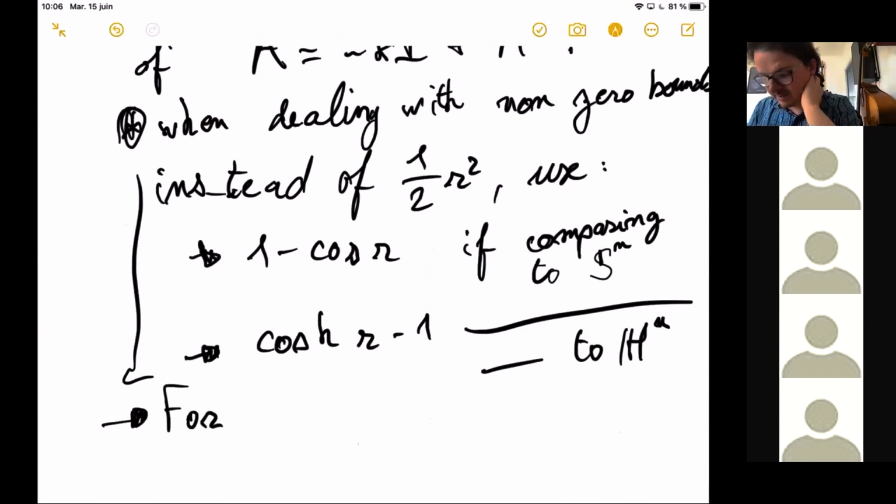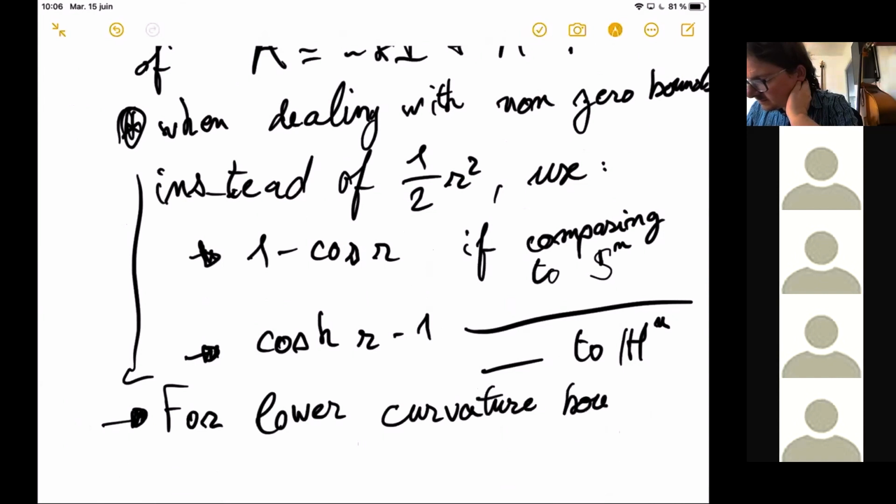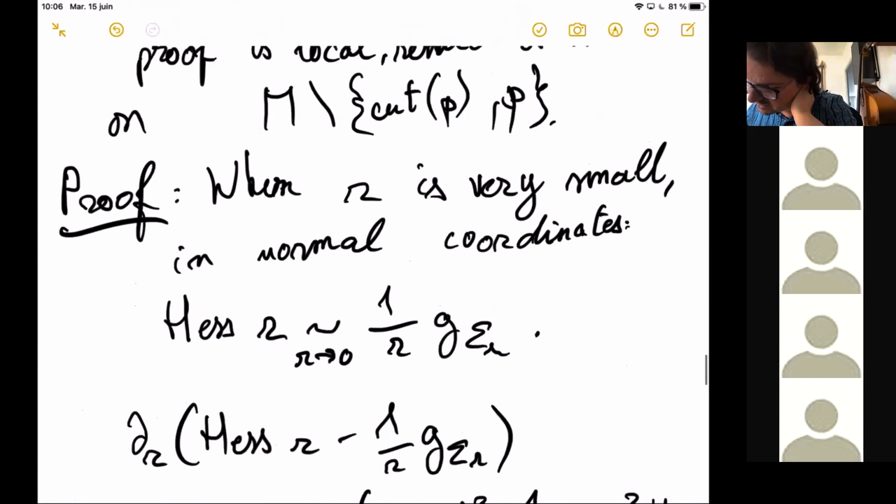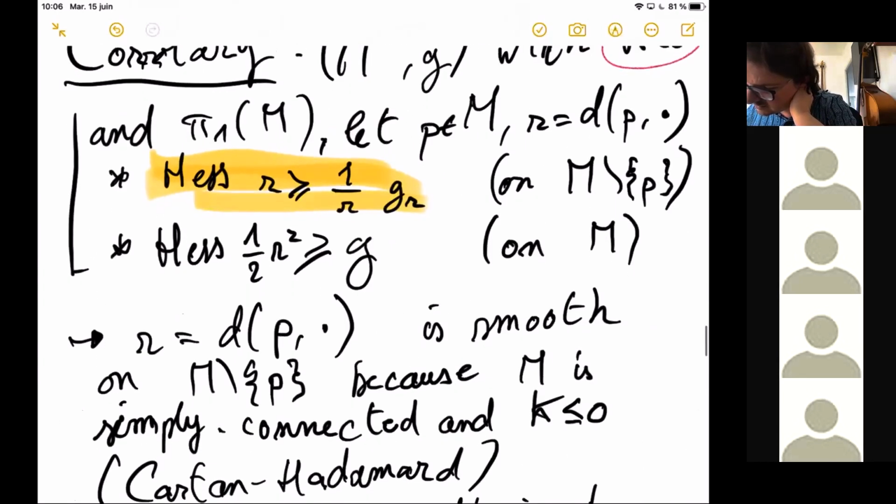Maybe some extra remark for lower curvature bounds. So the proof is more complicated, but the Hessian bound, let's say with k equal to 0, will be that it's less than g.